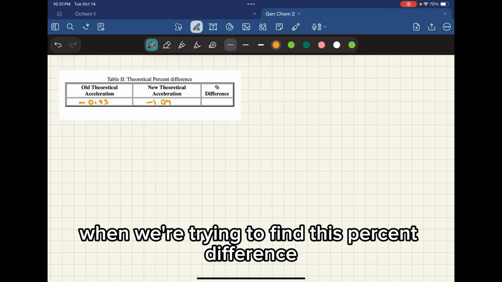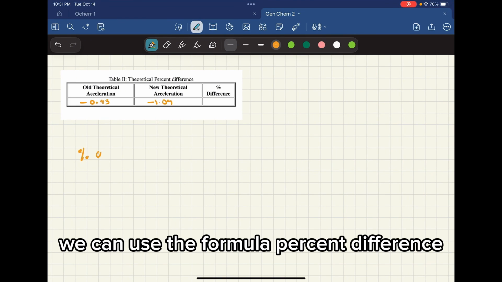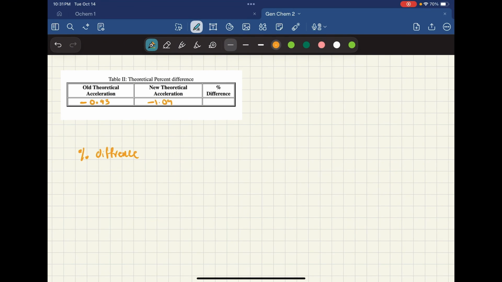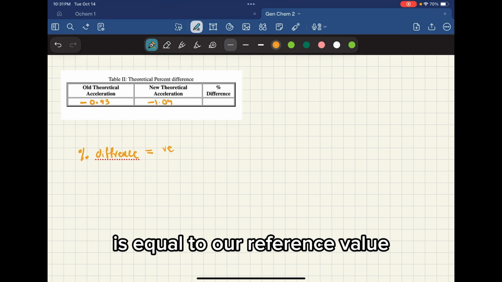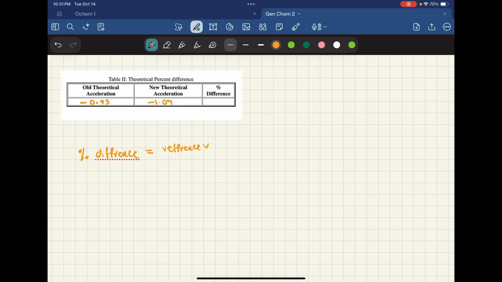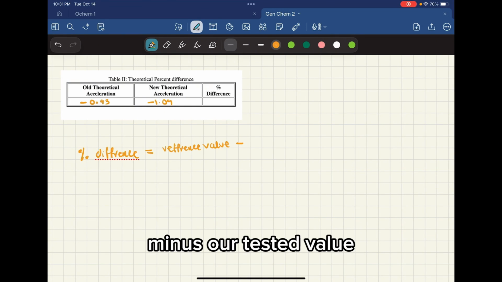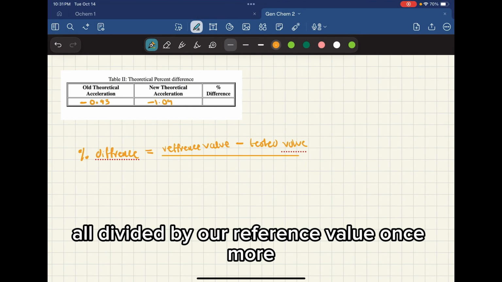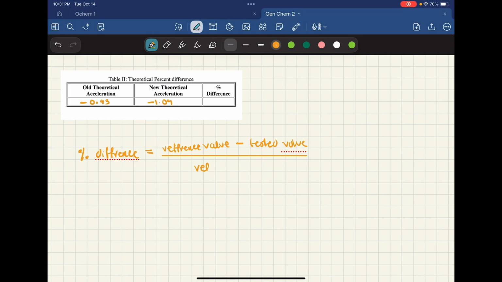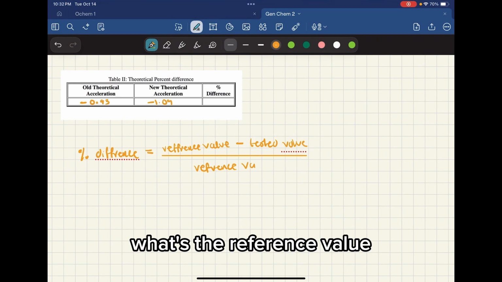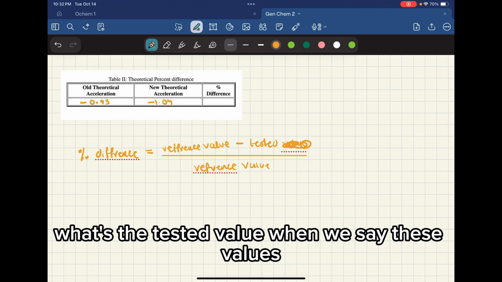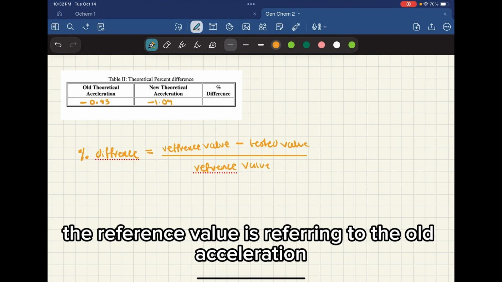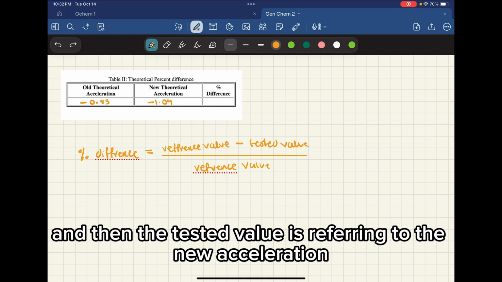To find the percent difference, we use the formula: percent difference is equal to our reference value minus our tested value, all divided by our reference value once more. You may be asking, what's the reference value? What's the tested value? The reference value is the old acceleration, and the tested value is the new acceleration.